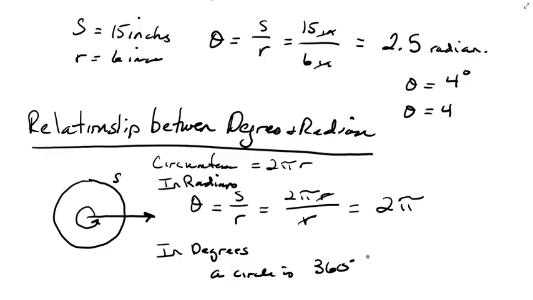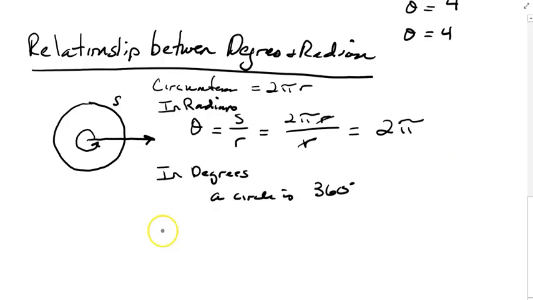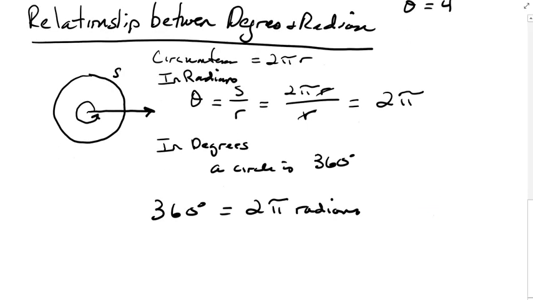In degrees, 1 complete rotation is 360. So therefore, 360 degrees is the equivalent of 2 pi radians. We can simplify that a little bit because the 2 and the 360 can be reduced. We can divide both sides by 2 and simply state that 180 degrees equals pi radians.